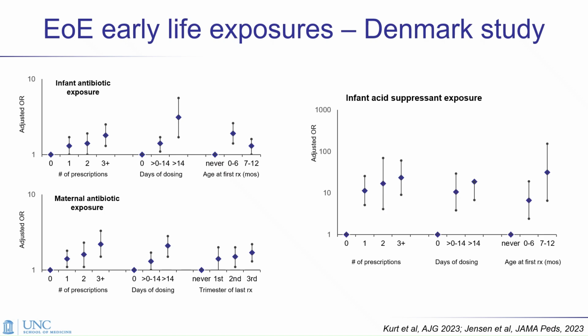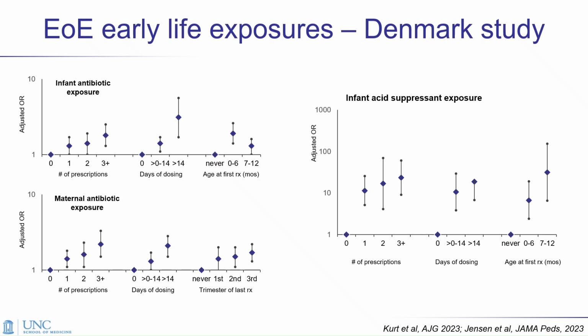And then we saw a similar trend with acid suppressants, and these were antacids of any kind compared to people who had no antacids. Babies who had antacids within the first year of life had an increased chance of getting diagnosed with EoE later on. And that's the same thing with the increased number of dosing and with increasing age up to 1 year as well.